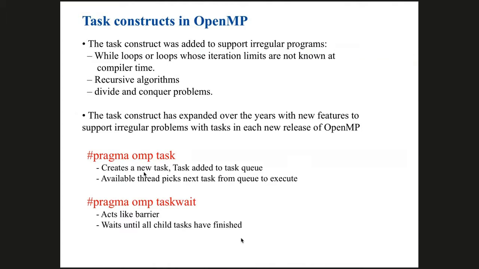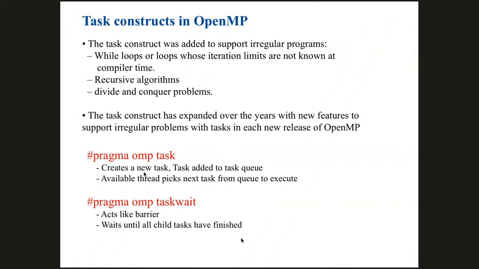So with the task construct, OpenMP can be used to support irregular programs. Now it can deal with while loops, or loops whose iteration limits are not known at compile time. And OpenMP can use it for recursive algorithms.